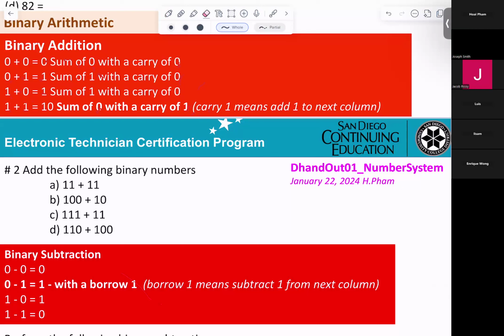Now, what does carry 1 mean? Carry 1 means adding 1 to the next column.